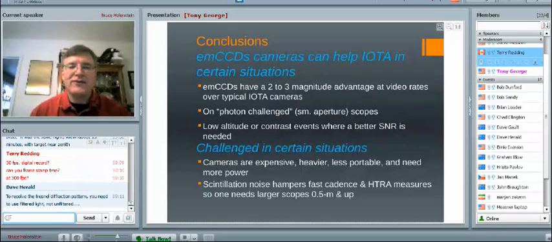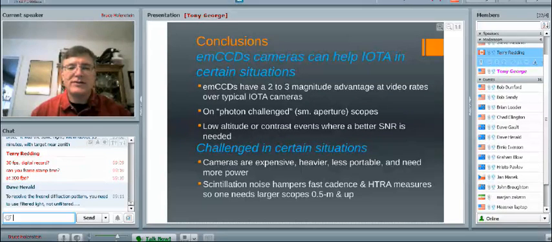They're very useful for low altitude or low contrast events where an optimal signal to noise ratio is needed, or it's just outside the range of what's attainable with the typical IOTA camera.